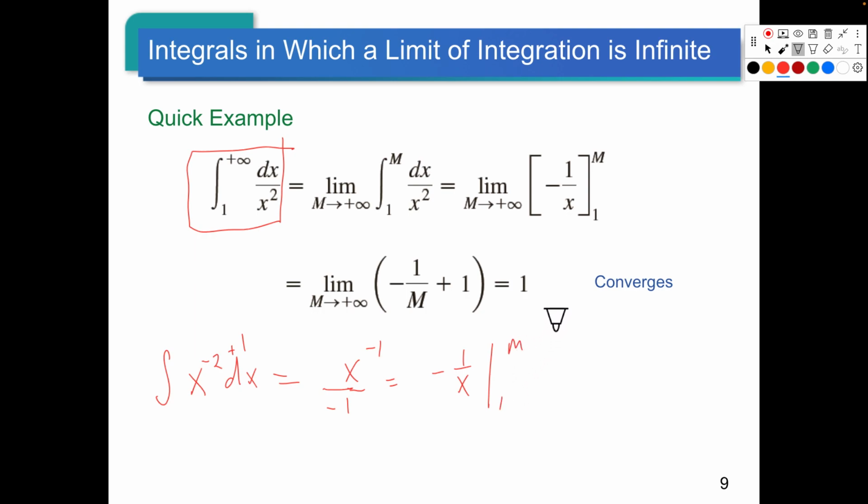If you want to shortchange this, what I like to do is, instead of using this extra little step here, I just go ahead and put infinity. Because watch how this works out. When we analyze this, we plug in infinity for x. So that's minus 1 over infinity, minus negative 1 over x, and we plug in 1 for x.